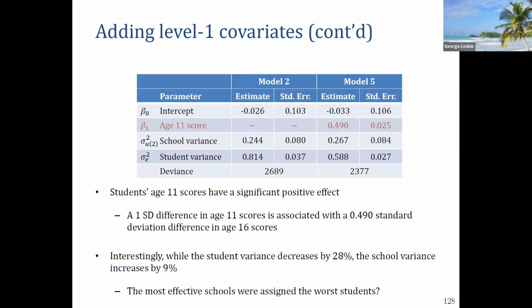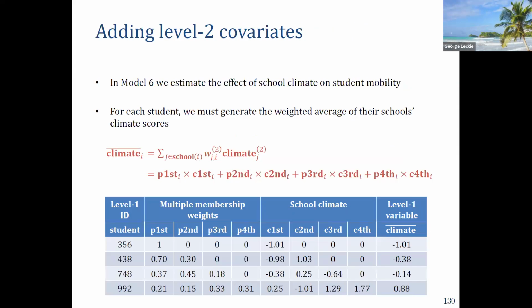So that's a bit fiddly, and that is simply what we're doing there. You know, in the data, I have school climate variables, and this is the school climate value of the first school attended for that child, and 0 for the second because they didn't attend the second school. Okay, child 438 attended 2 schools, 0.7 and 0.3, so minus 0.98 for the first school.